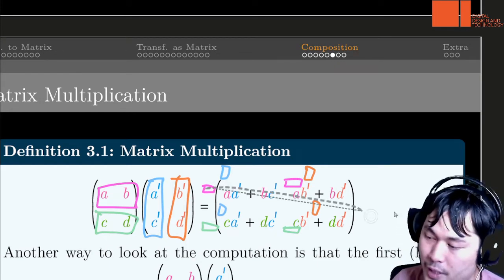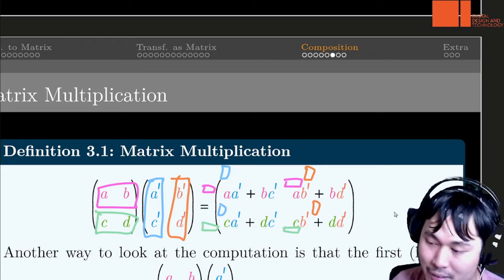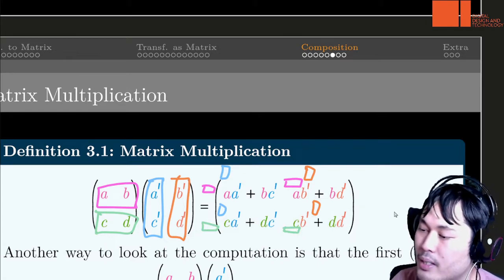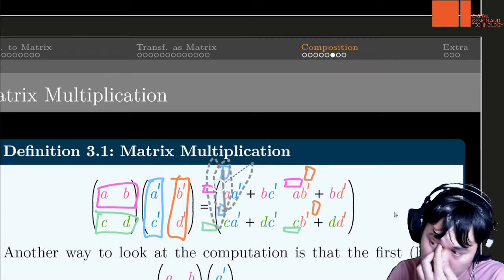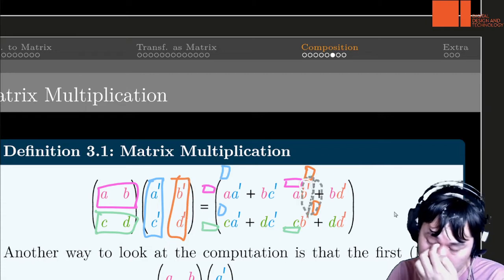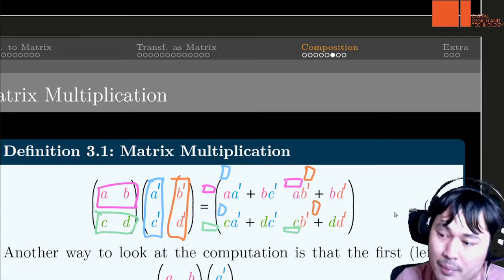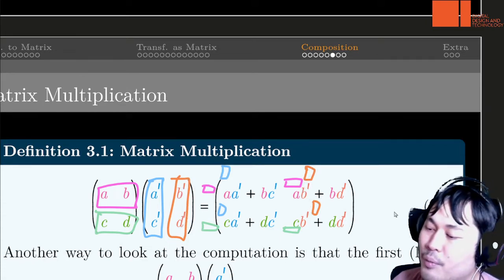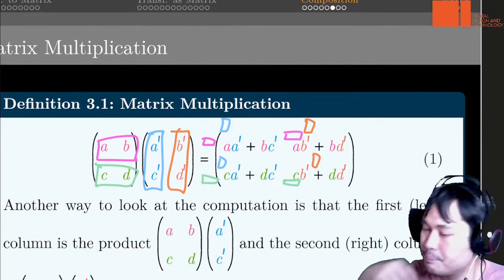So in a sense, the first row stays on the first row, the second row stays on the second row, and also the first column stays in the first column, the second column stays in the second column. But we kind of crisscross from one vector to another.